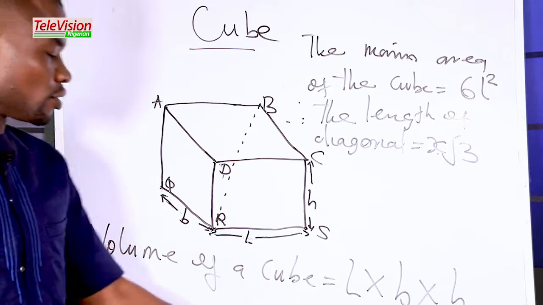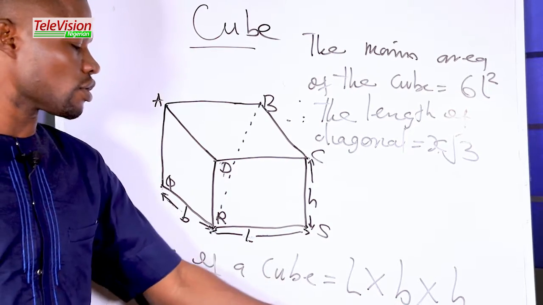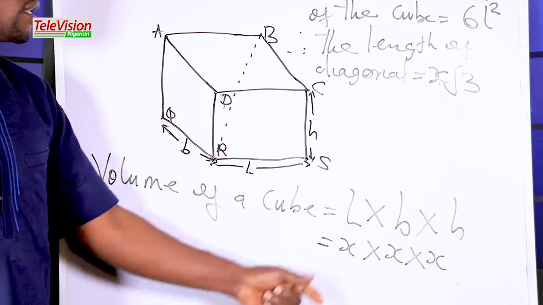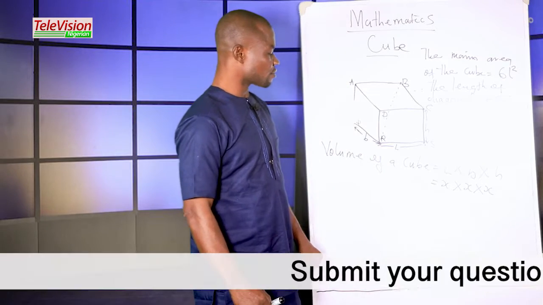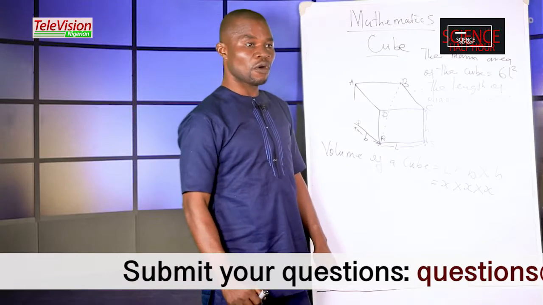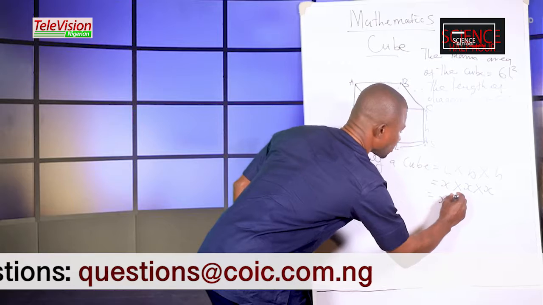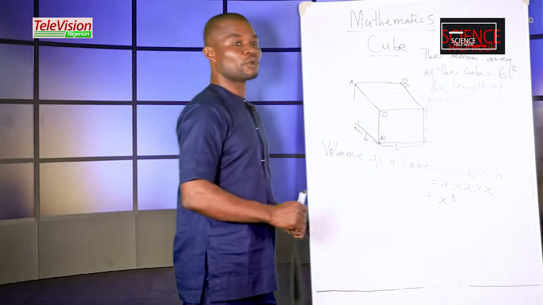We are using x to represent length. We also use x to represent breadth. We also use x to represent height. Since the dimensions are equal, it's going to be equal to x raised to power 3. That is x times x times x gives you x raised to power 3.